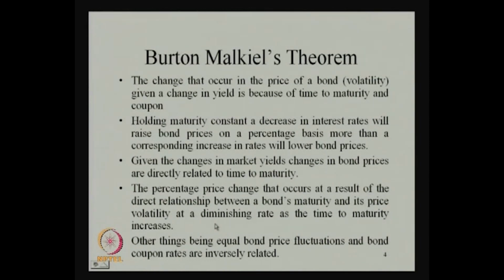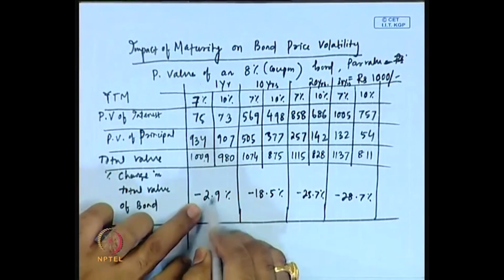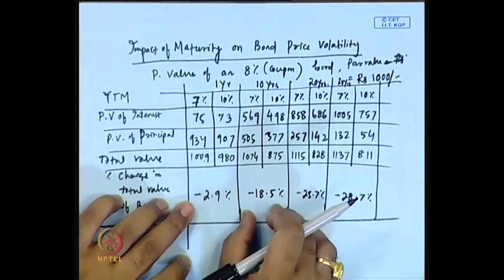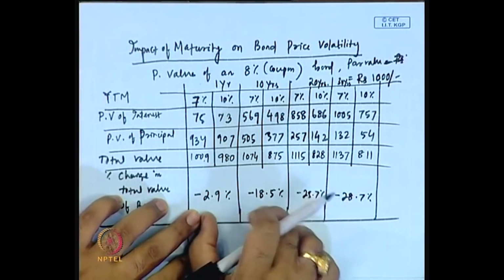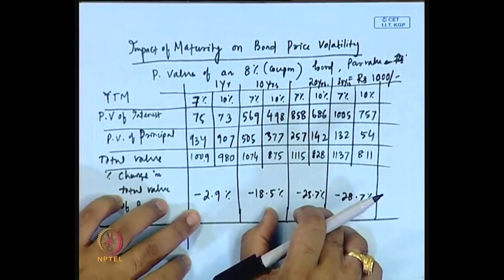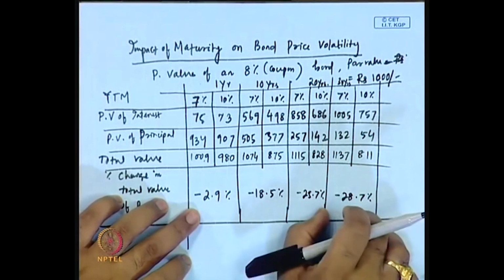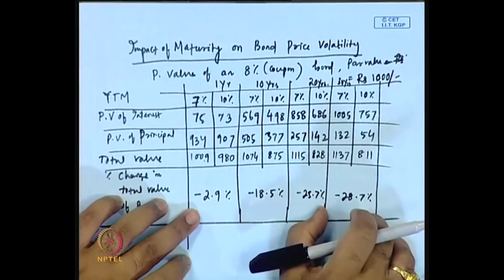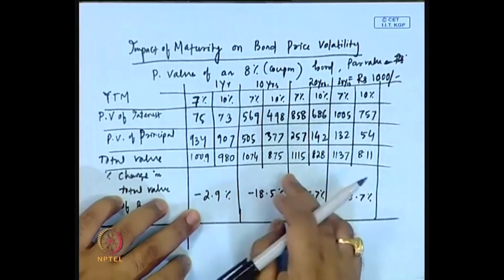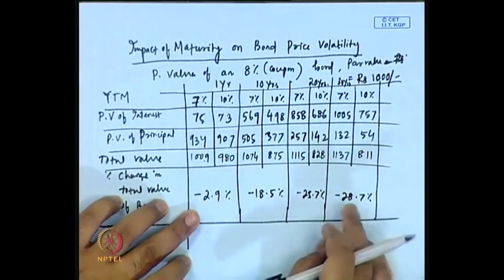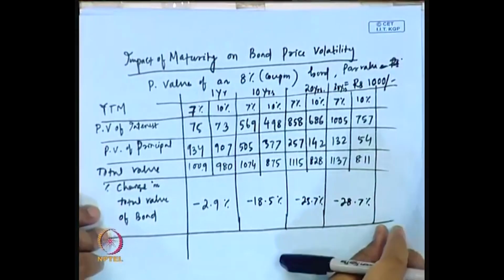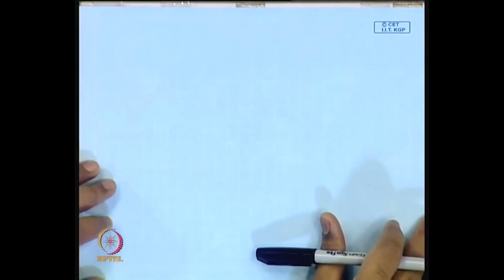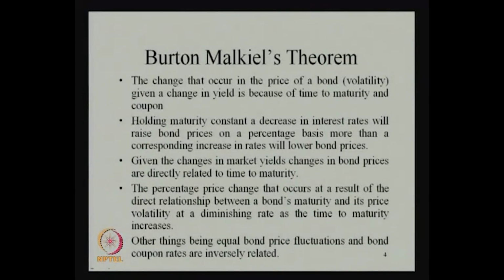If you go on measuring this, it is from minus 2.92 to minus 18.5, a difference of around 16%, but here it is around 7%, and then it again declines to 3%. So there is a diminishing rate as we increase the term to maturity. This is the theorem we can derive on the basis of Malkiel's concept.